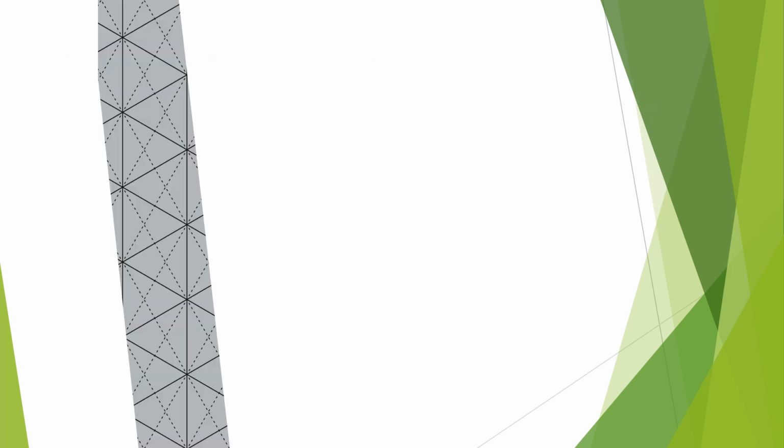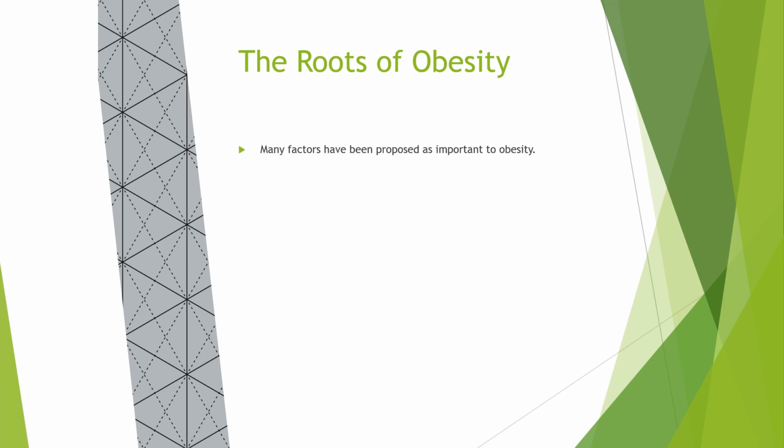The next thing that I want to look at is obesity. And what is the root of obesity? There have been many factors that have been proposed that we see as important to obesity. Oversensitivity to external eating cues coupled with insensitivity to our internal hunger cues.